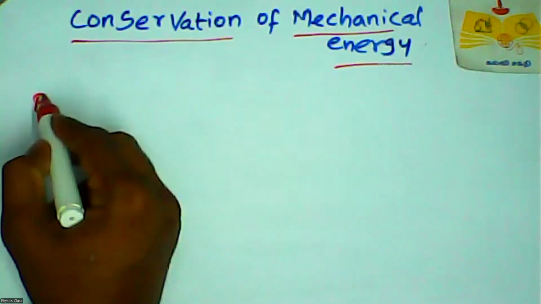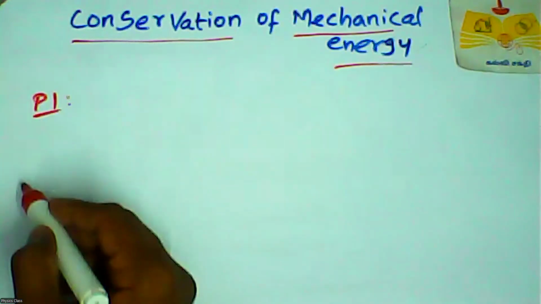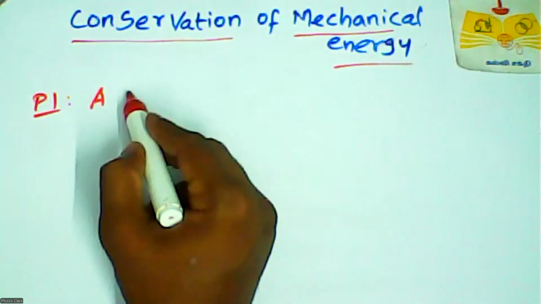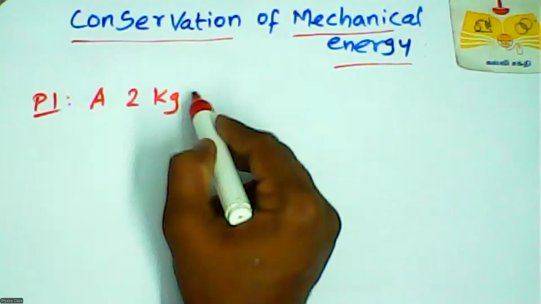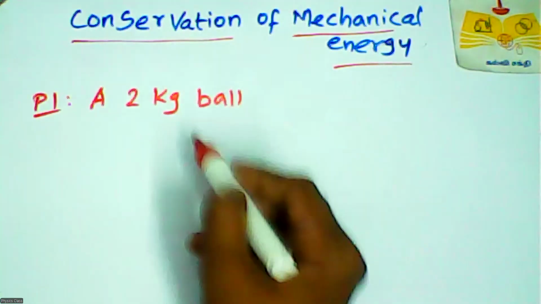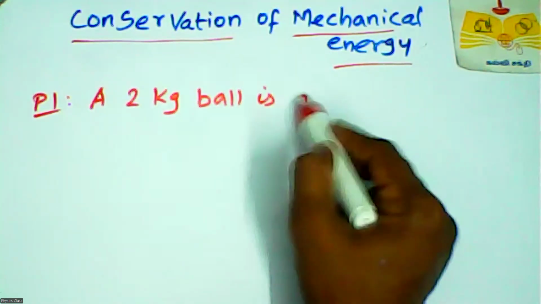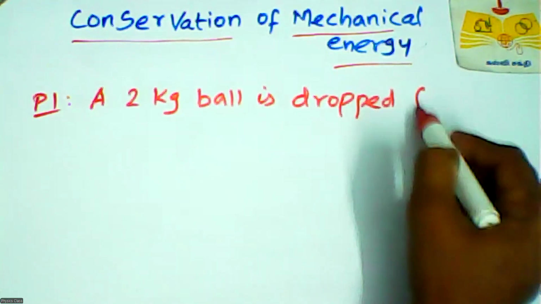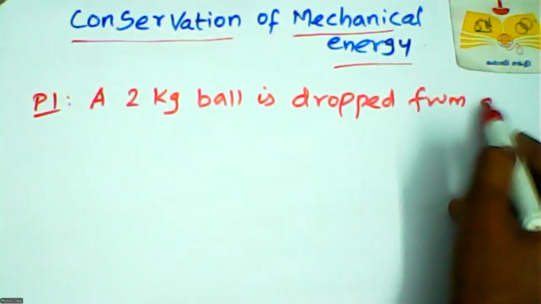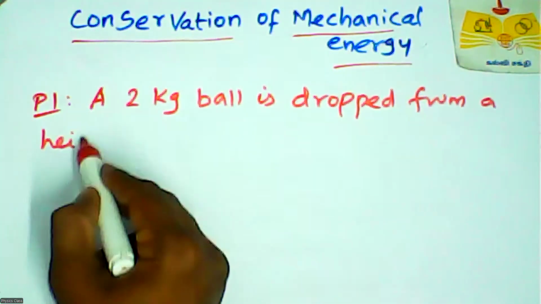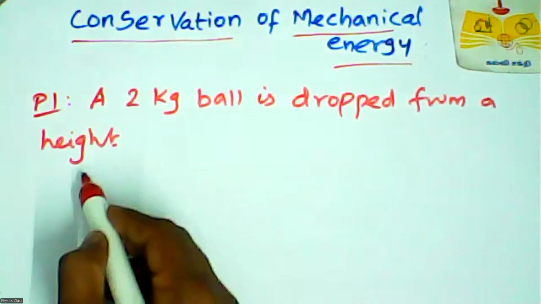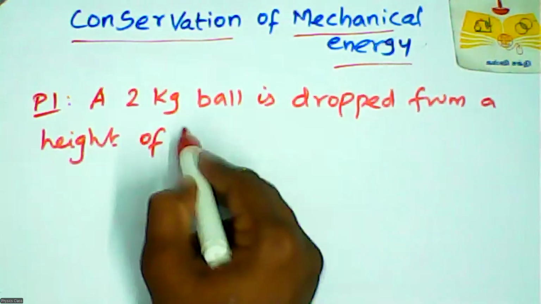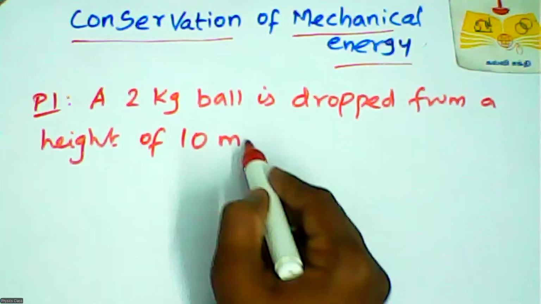Problem number 1. A 2 kg ball is dropped from a height of 10 meters.